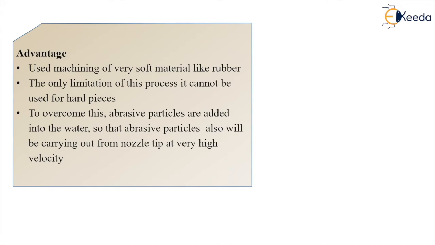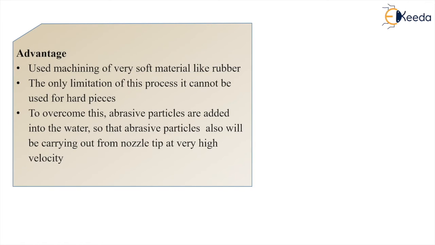But to overcome this limitation, if you add some abrasive particles into this water, these abrasive particles also come out from the nozzle tip with very high velocity. So when these high velocity abrasives are impinging on the hard workpiece, it is possible to produce plastic deformation in the hard workpiece also. What was the limitation here?